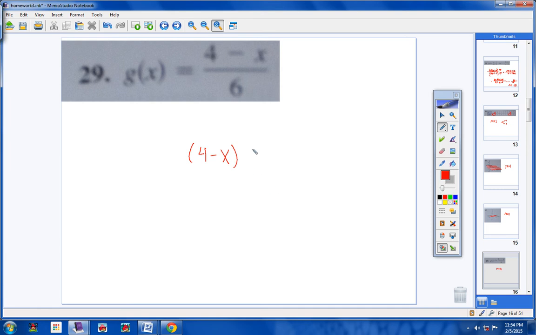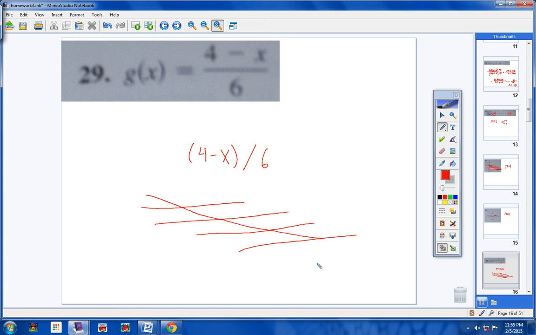Then hit divided by, and then hit 6, and then hit graph. Let's see if our window's good enough. It looks pretty good to me, guys. I'm getting a slanted line that goes down like this. So the horizontal line test would pass. No matter where you draw that horizontal line, it's only going to cross the graph once. So yes, this function does have an inverse function.